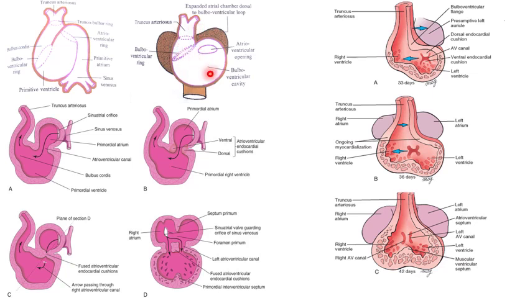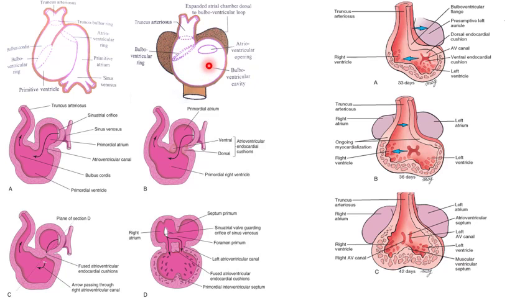So this whole cavity, which has the proximal part of the bulbus cordis, which is destined to form the right ventricle, and the primitive ventricle, which is destined to form the left ventricle, together is called the bulboventricular cavity.